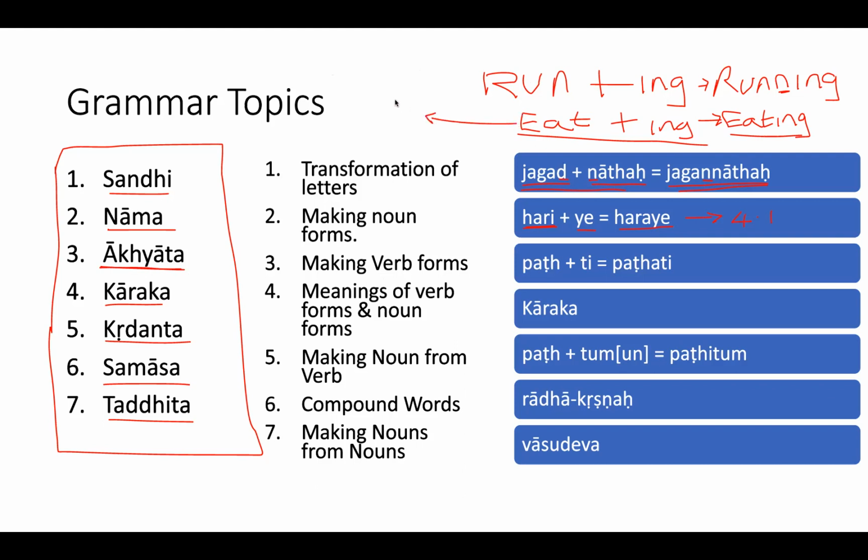For eat, the past tense is ate, right? Which changes its form for past tense. For future tense, you add an additional word, will eat, right? Sorry, this is not an article. I just looked it up.